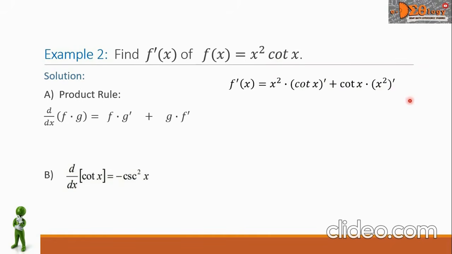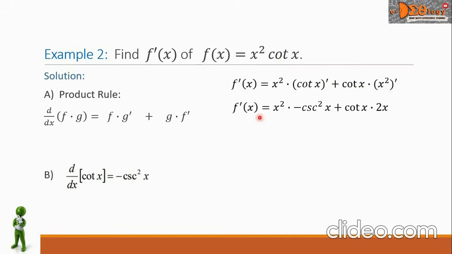Let us now simplify the derivatives. So we have x squared times the derivative of cotangent x, which is negative cosecant square x, plus, we copy again this cotangent x times the derivative of x squared, which is 2x. Now let us simplify the corresponding products.